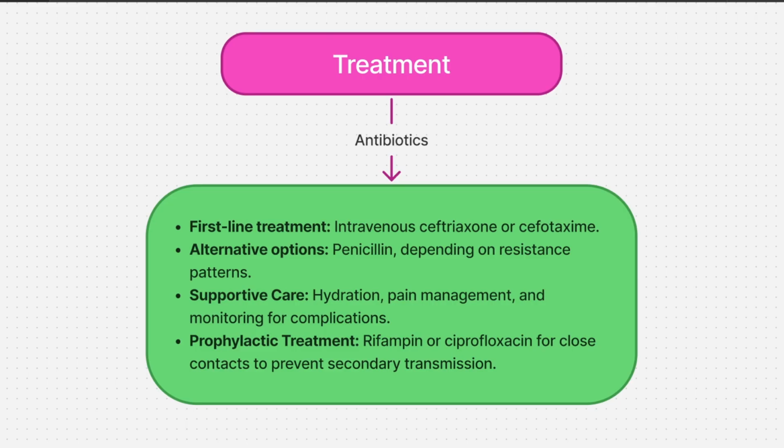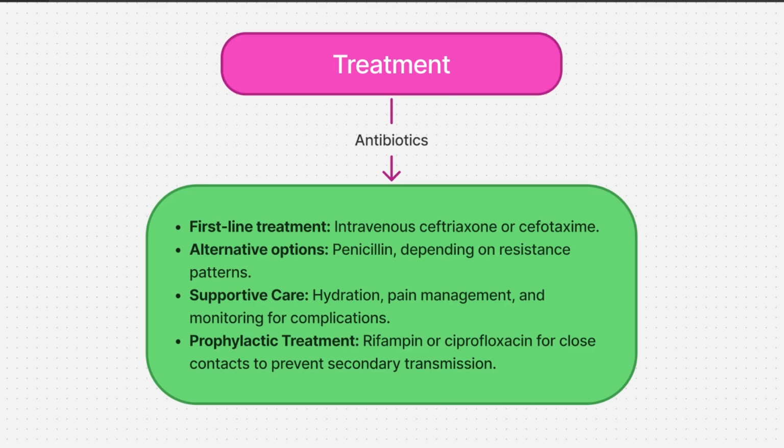Alternative options can be penicillin, depending on resistance patterns, but this is not usually effective because most strains are resistant to penicillin now. Then obviously supportive care, hydration, pain management because it can be very painful, and monitoring for complications.